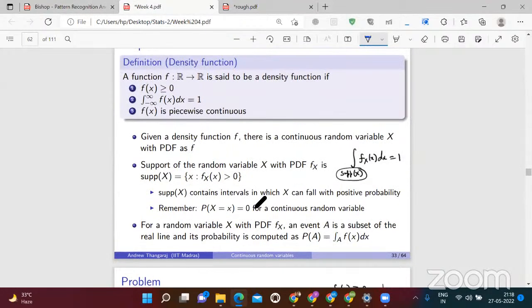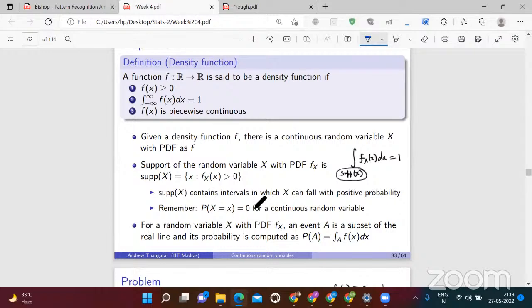So support of X is what? Support of X is the set of all outcomes for which the probability value is positive, not 0. What are the ranges, or what are the values of X where the probability is greater than 0? This is the support.